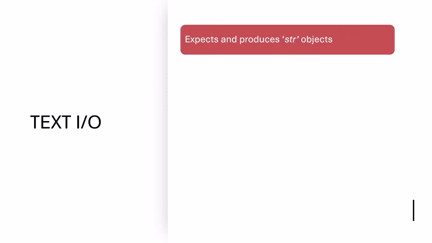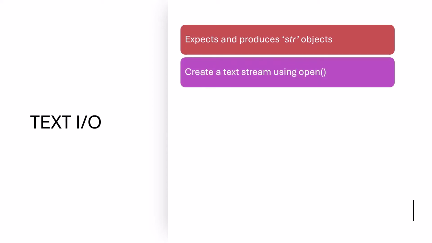Now moving on, let's talk about TextIO because that's the focus of our discussion for today. And TextIO or text streams expect as input strings and produce strings as well. Right? So we have string objects. The easiest way to create a text stream or a text file is using the open method.